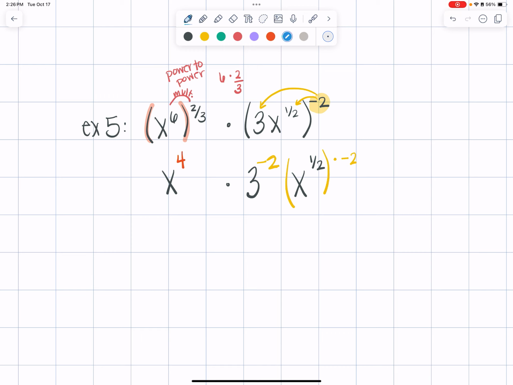Now I have a power to a power rule there, so I can multiply those. And this part I can simplify with the calculator, or using the exponent properties, of course. You always can do that. So x to the 4th is just going to fall down. I'm not really simplifying that part yet. 3 to the -2 is going to be 1/9.